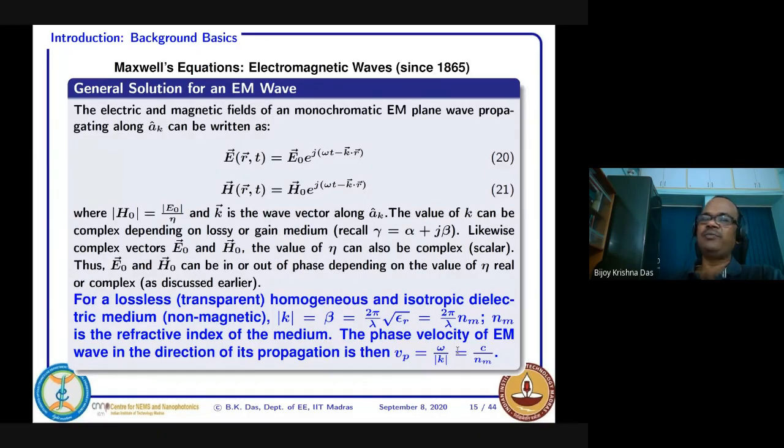Qualitatively, whenever you are encoding information into an electromagnetic wave, that means you are giving some kind of high, low, on, off. Whenever you are modulating that, some additional frequencies will be generated.